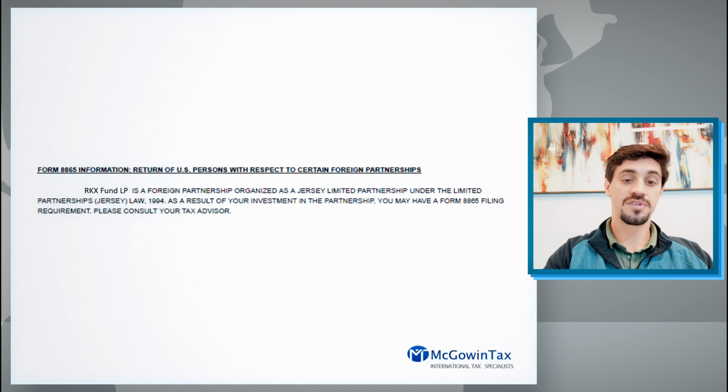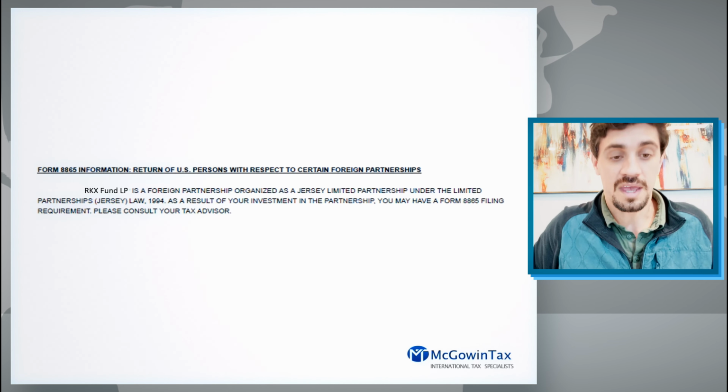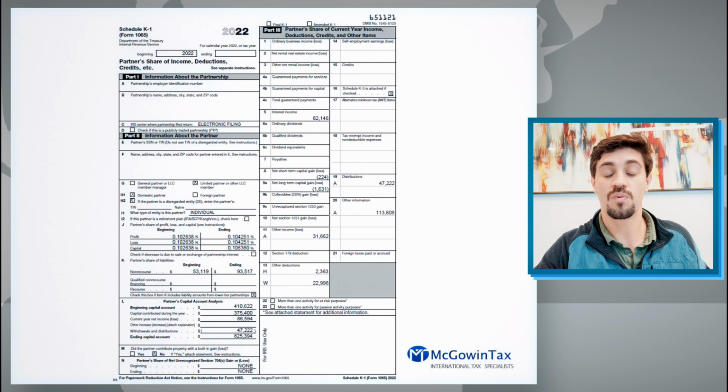This is a very common footnote that I see. And it's a little bit tricky because what it's saying is that the fund itself, here I called it RXX Fund LP, I'm pretty sure I just made that up, is the same as this. What it's saying is that the partnership we received this K-1 from is actually a foreign partnership.